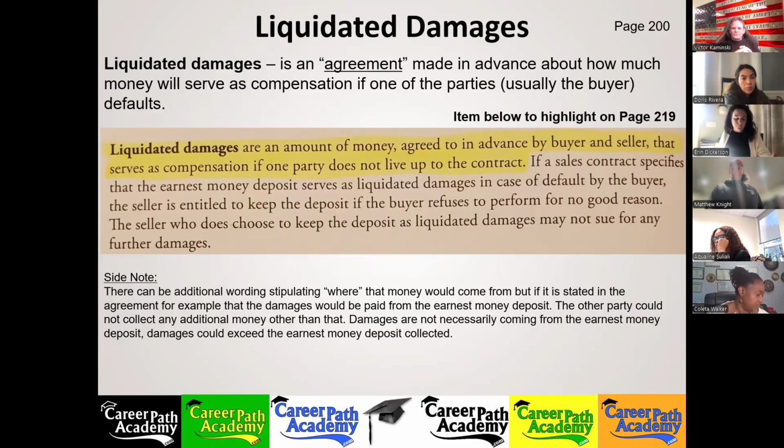So if you had, for example, a liquidated damage agreement that said that if the buyer defaults, they got to pay the seller $20,000, and then they say that money is going to come from the good faith deposit the buyer put down, and the amount they put down was only $5,000, well, that's all the seller can get, and they can't chase after them for any additional amount.